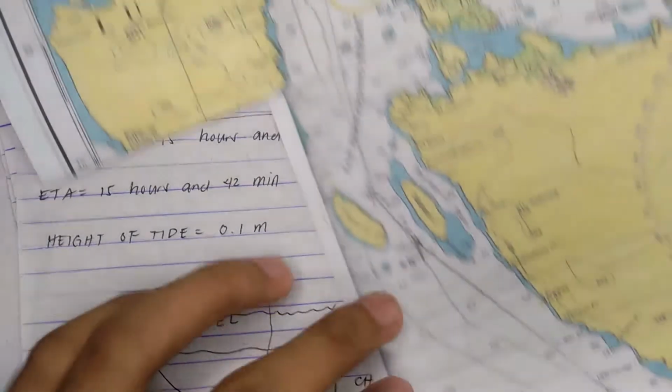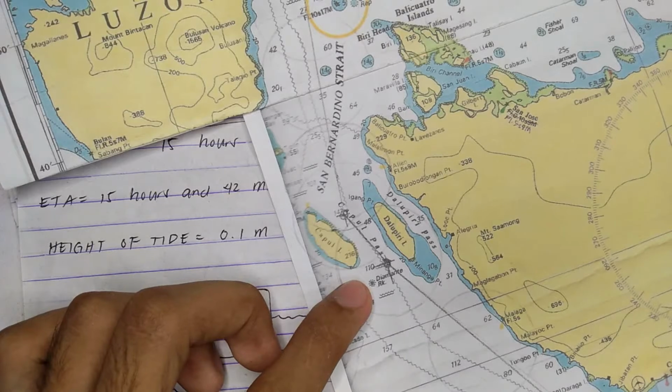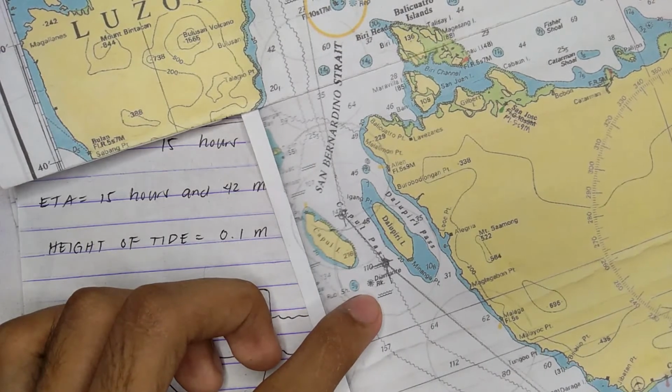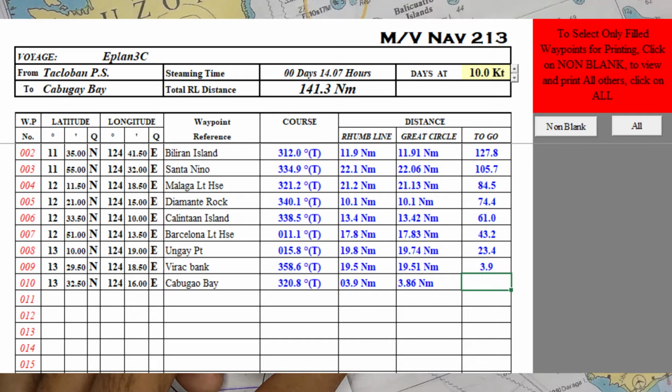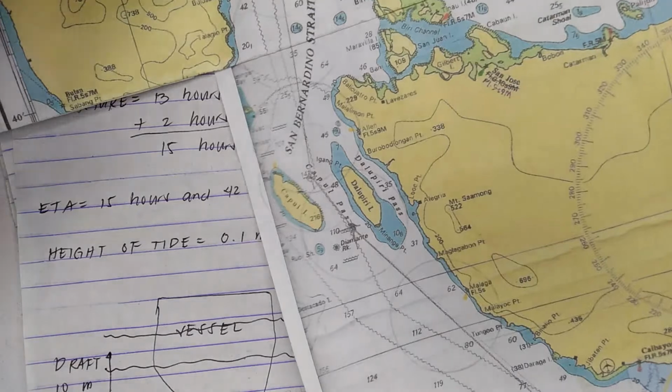Since we have to identify the distance of this Diamante Rock, this obstruction right here, we have here in our table that in the Diamante Rock we have to travel about 74.4 miles. So 74.4.